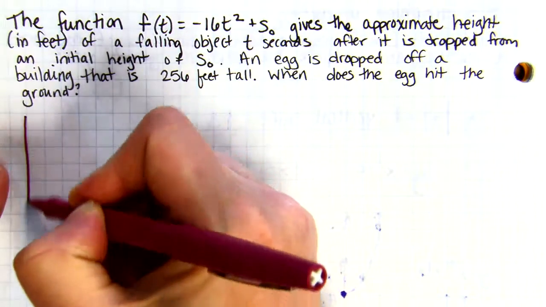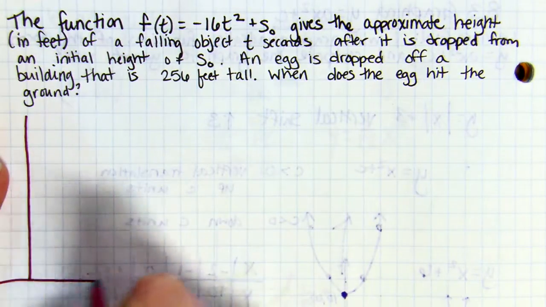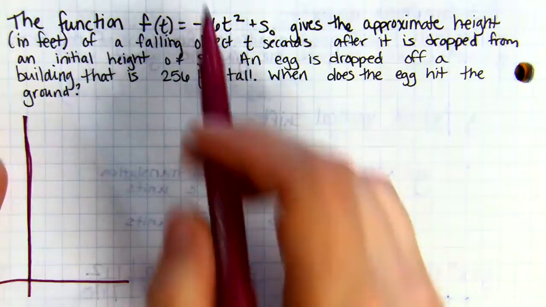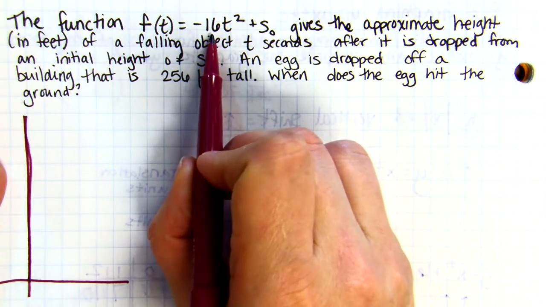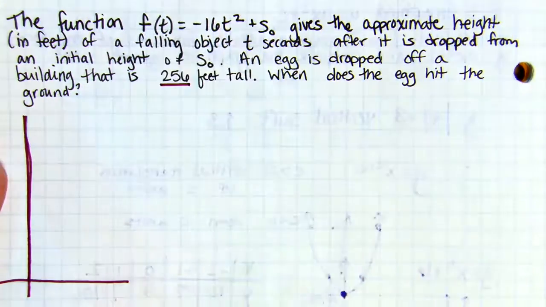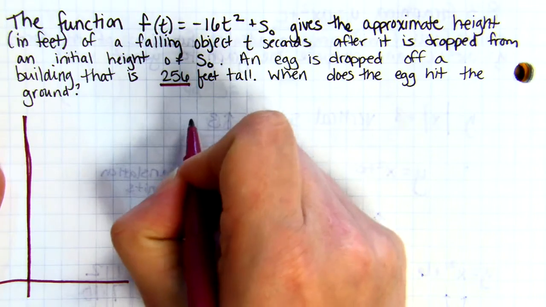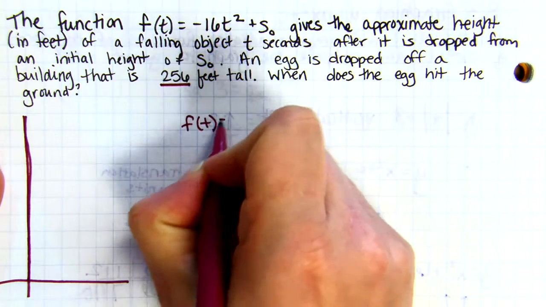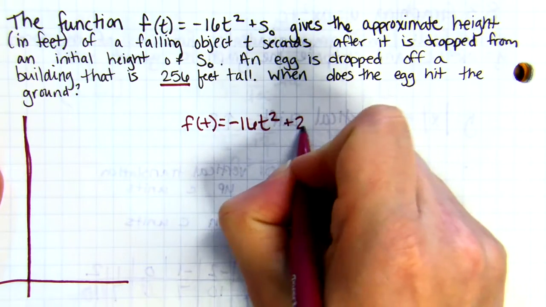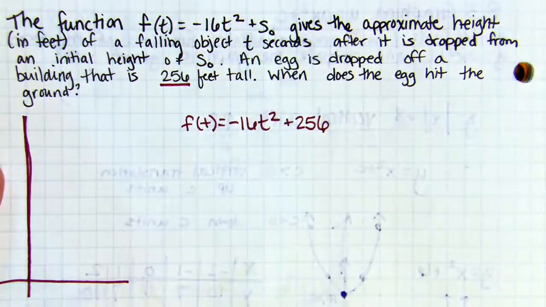So if we think about what our graph would look like: negative 16 t squared plus s sub 0. In this case, our building is 256 feet tall. So our function is going to be negative 16 t squared plus 256.